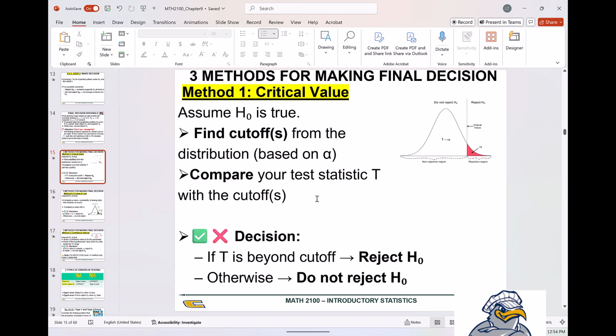If your test statistic belongs to the rejection region, then you reject H naught; otherwise, you do not reject H naught. We will see it in more detail later; this is just a brief overview of the method.